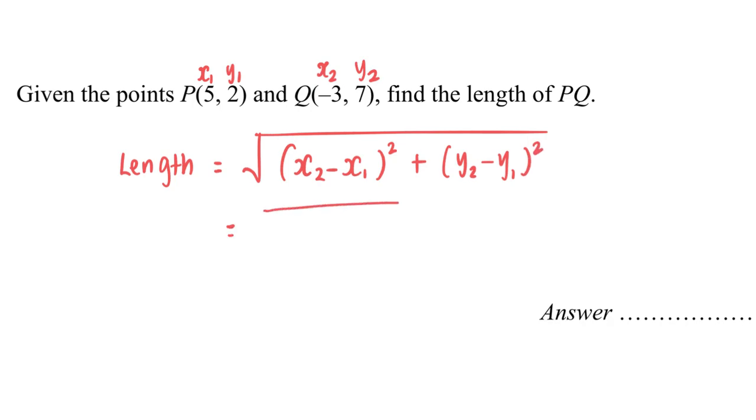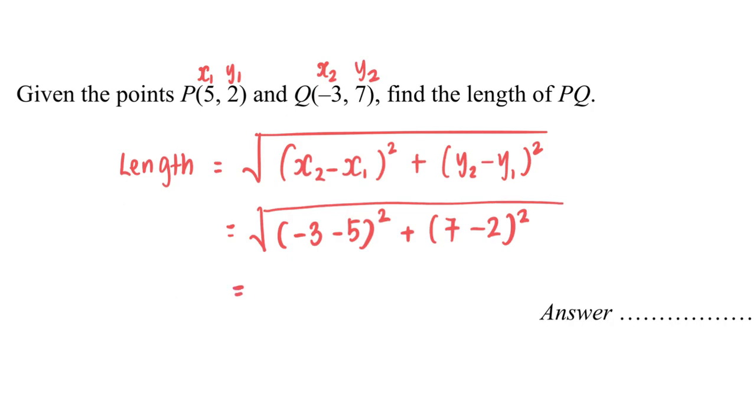So all I have to do is just to apply this formula neatly. -3 minus 5 bracket square plus 7 minus 2 bracket square to give me, this one actually will give me square root 89, which will then be 9.43398 to 6 significant figures.